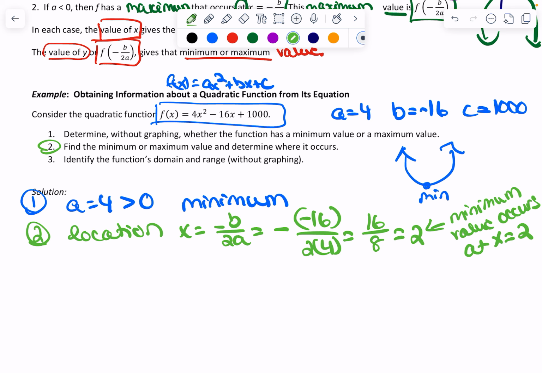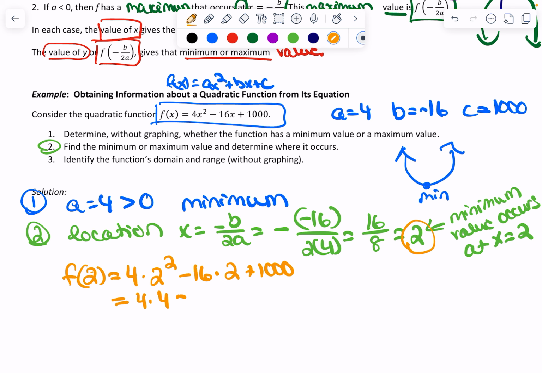Next, we need to calculate the value. So we're going to plug this 2 into our function. f of 2 equals 4 times 2 squared minus 16 times 2 plus 1,000. 2 squared is 4, so 4 times 4 is 16, minus 16 times 2 is 32, plus 1,000.